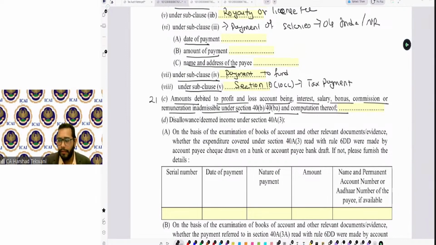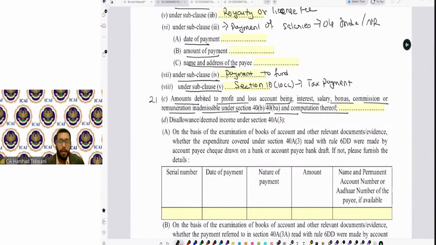Basically, these are the limits laid down in these sections for salary, bonus, or commission. Now, if there is any amount inadmissible as remuneration, salary, bonus, commission under section 40B, then that is required to be reported.